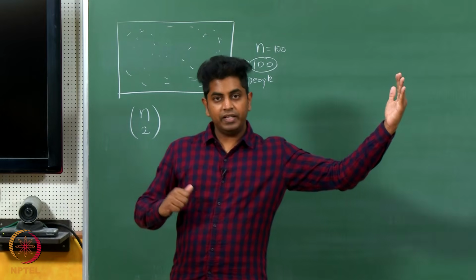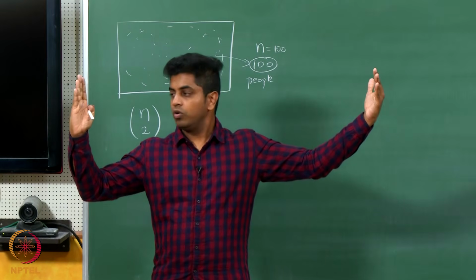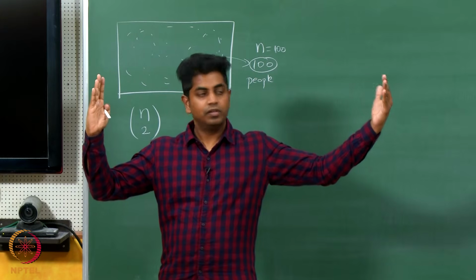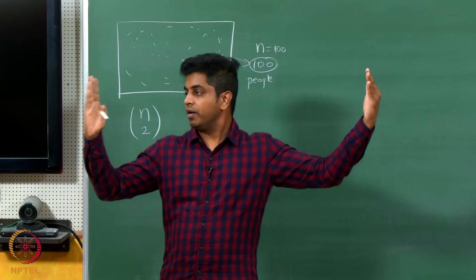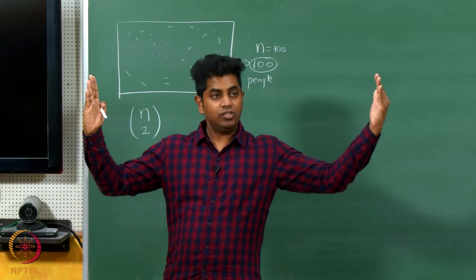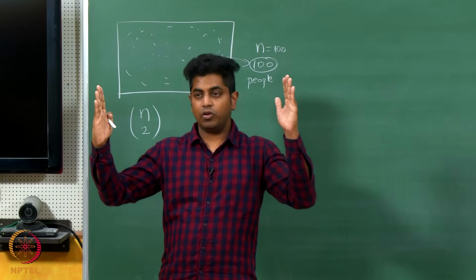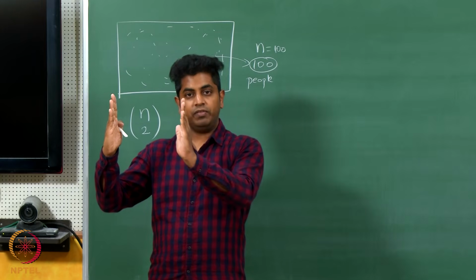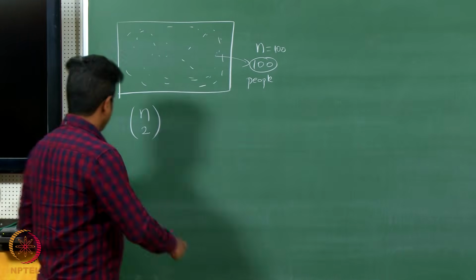So complete graph, no, completely disconnected graph, complete graph means all edges, completely disconnected graph means absolutely no edges. As you keep removing edges, you come closer and closer to this, there is a point when the graph becomes disconnected, right.